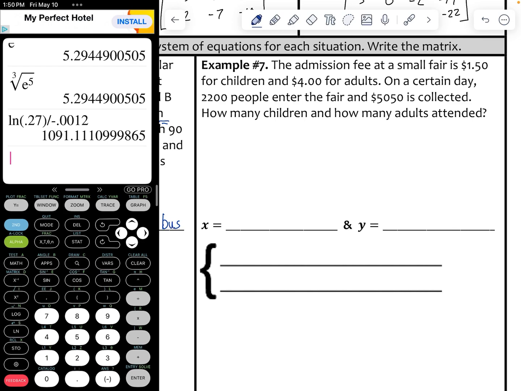One is going to represent how much money was made, and the other is going to represent the total number of people. So X is going to represent the number of children, and Y will be the number of adults.